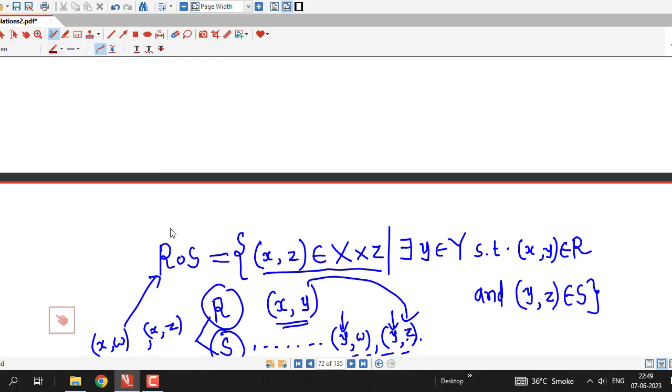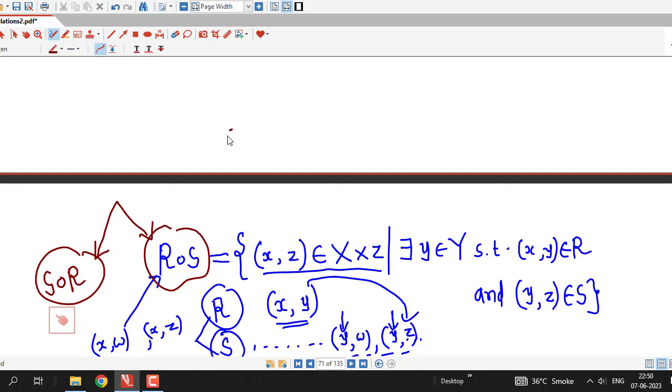going to find out composition of binary relations using this notation as well as using these notations, because different authors are using different notations. S composite R is also the notation for the composition of R and S, and this is analogous to the composition of two functions.